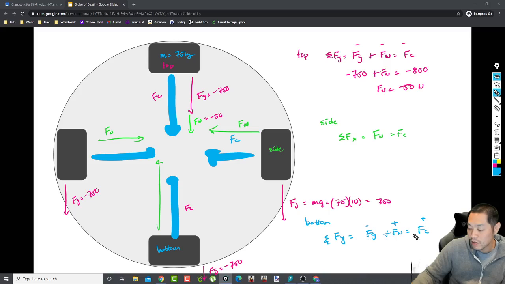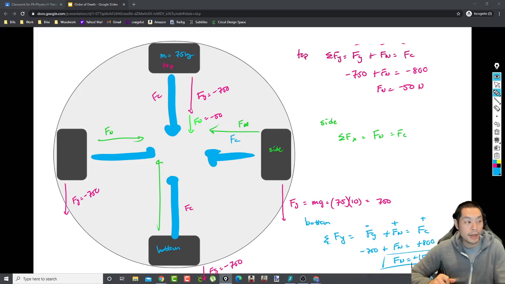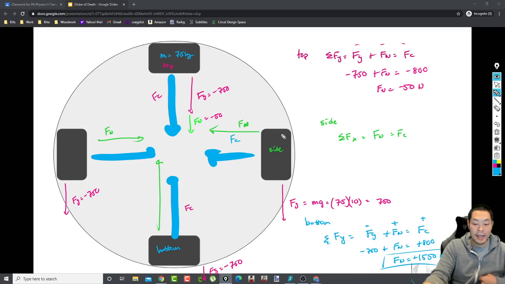The fact that FG and FC have opposite signs will make it different. So this is what we did on Friday of last week. And I want to reiterate that because I want to highlight that as FC goes around, here it's only FN, here it's both FG and FN, but they work together. Here they work against each other, so that's why FN's bigger.